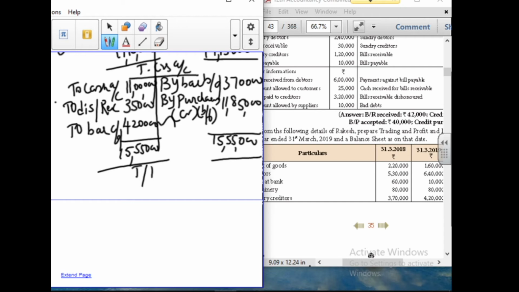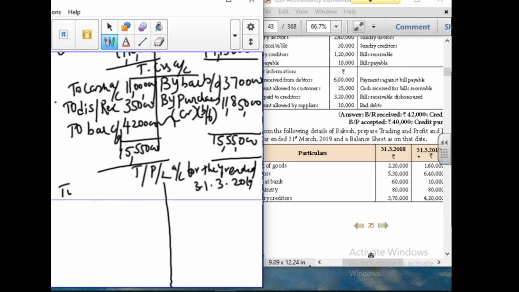You know how to write the heading: trading and profit and loss account for the year ended 31/3/2019. Keep it in mind, the date is there. Closing date only we have to write, because we are going to prepare the balance sheet at the end of the year. So you have to be more careful with the date.